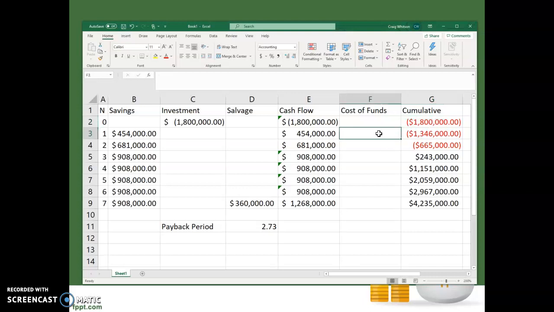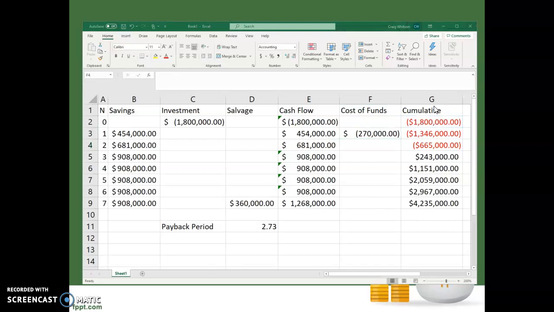So we can say that in year one, it's going to equal 15% of, 0.15. Must have skipped my decimal place. There we go. 0.15, 15% of this $1,800 or $1.8 million.